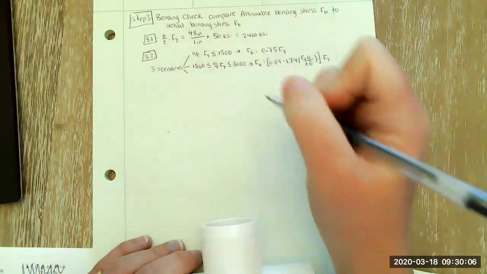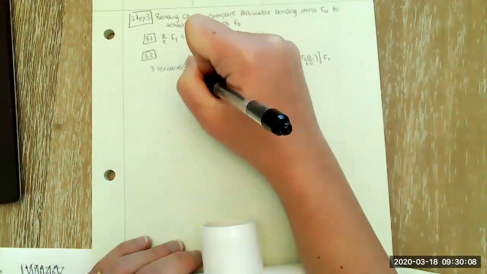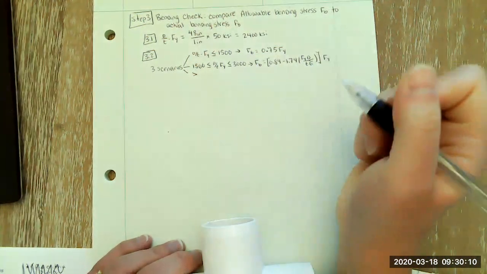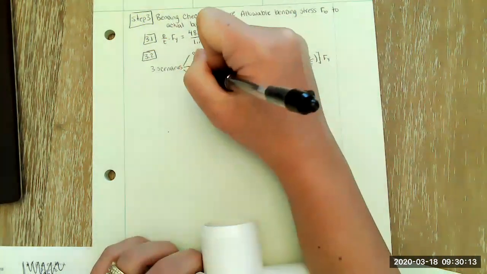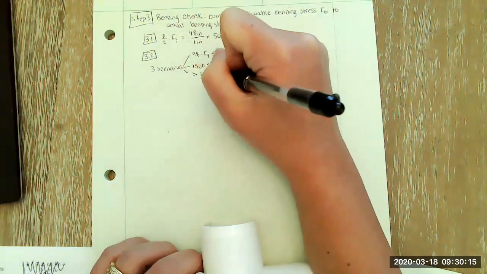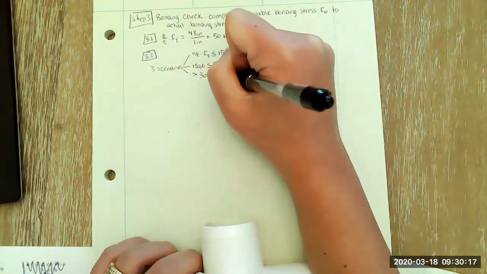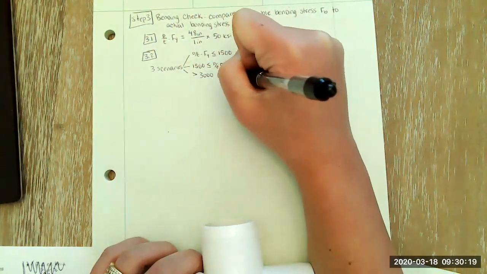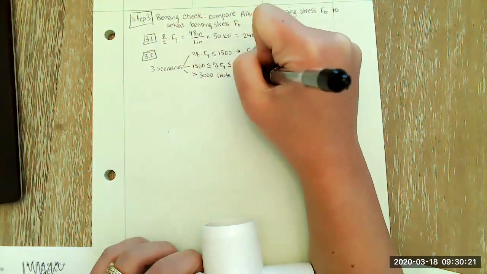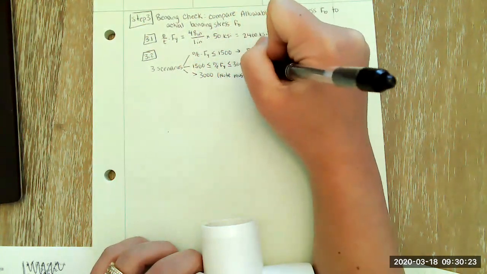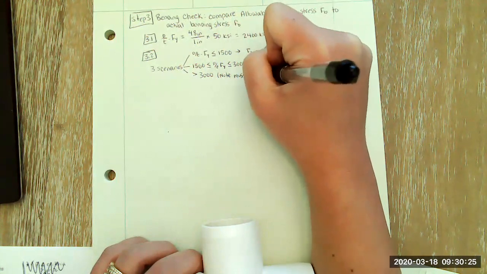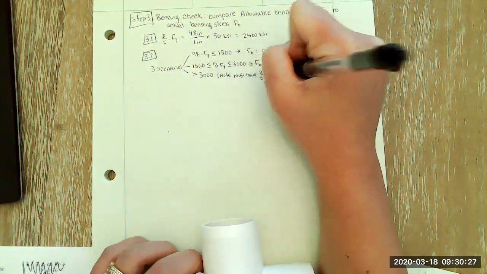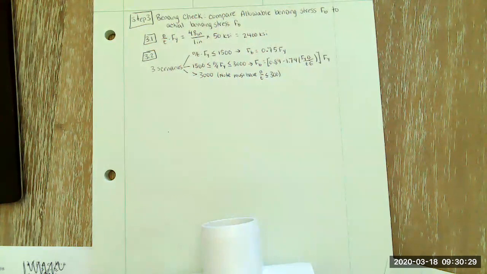Let's, for completeness, add that third equation. If your ratio D over T times Fy is greater than 3,000, and note, you also must have D over T less than or equal to 300 for this circumstance. If D over T is greater than 300, you need a new design.